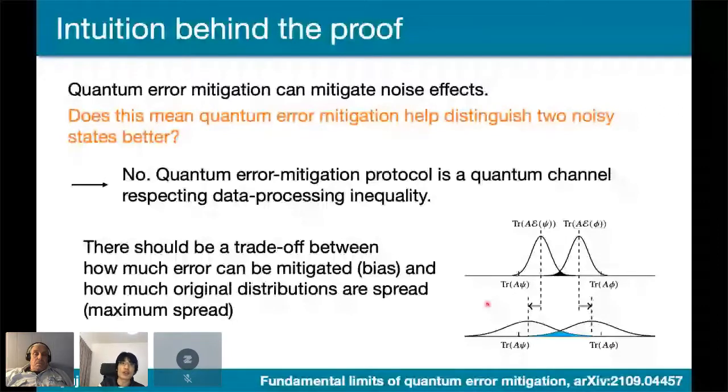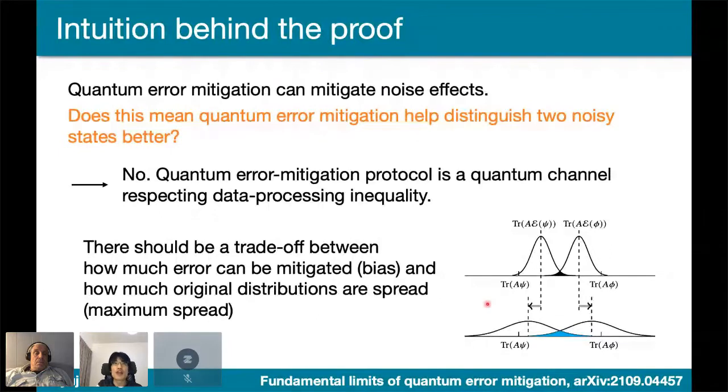The answer is actually no, because the quantum error mitigation protocol itself is a quantum channel, a CPTP map, a completely positive trace-preserving map. These quantum channels should respect the data processing inequalities, saying that application of quantum channels does not increase the distinguishabilities.